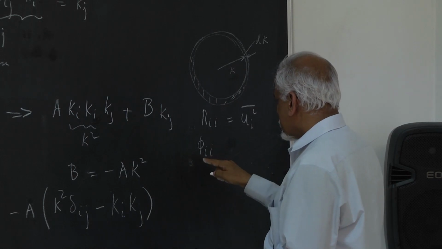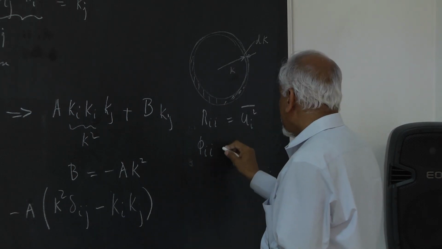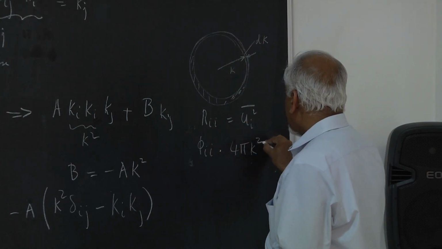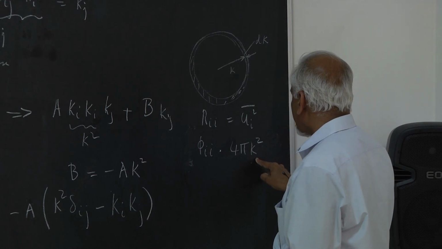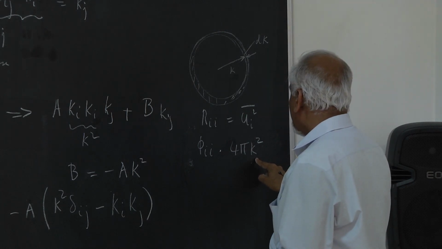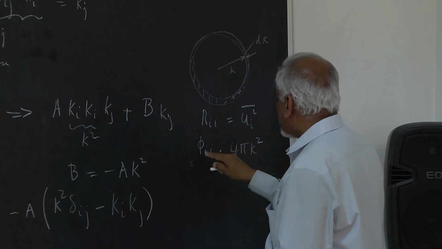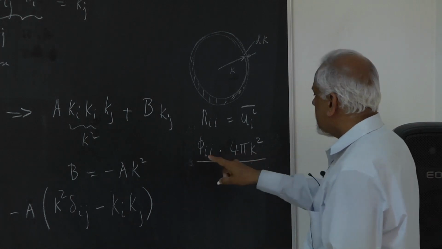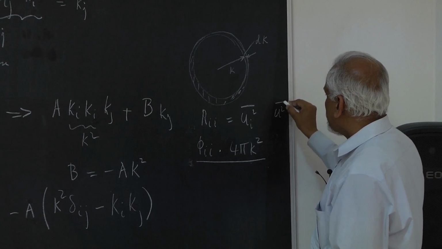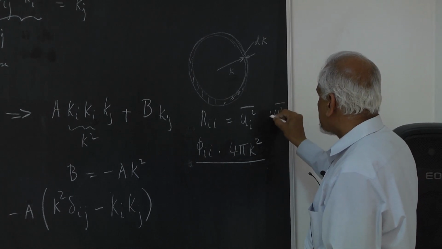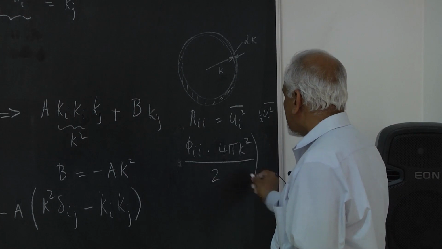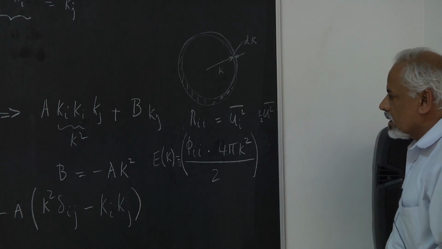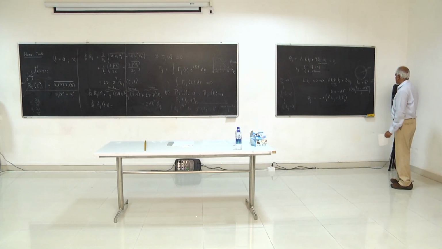That energy is this phi I times, this spherical shell has an area which is 4 pi k squared. Phi I is simply u squared, but if I want kinetic energy, I just divide by 2, and call this E of k. So E of k is just the energy density in a spherical shell of thickness dk around k.